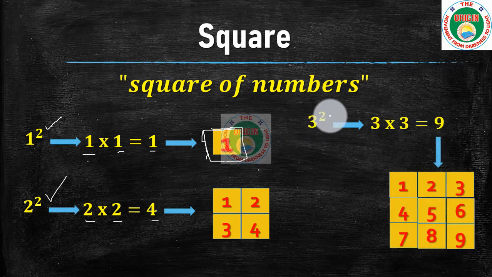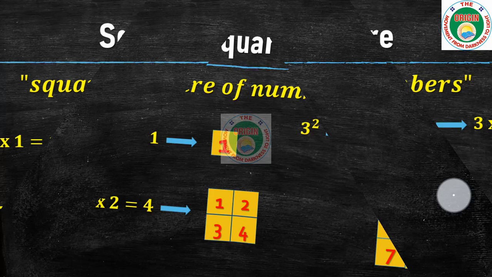3 square is nothing but 3 multiplied 3 times, that is 9. Look here, 1, 2, 3, 4, 5, 6, 7, 8, 9. This is a square, and these are the subsquares.